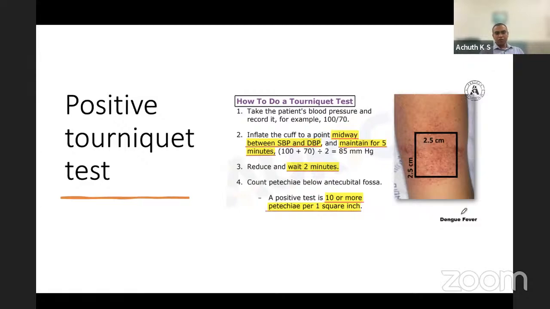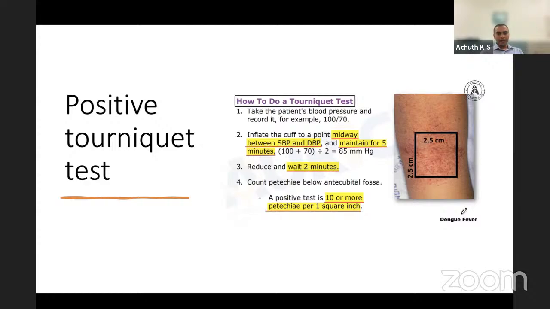You should write something about the tourniquet test. How do you do a tourniquet test? Take the blood pressure of the individual and record it. For example, you might get 100 as systolic and 70 as diastolic. Now take an average of this; it comes as 85. Now inflate the cuff to a point midway between systolic and diastolic for 5 minutes.